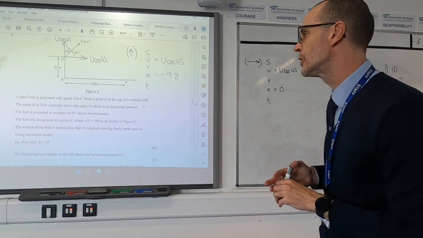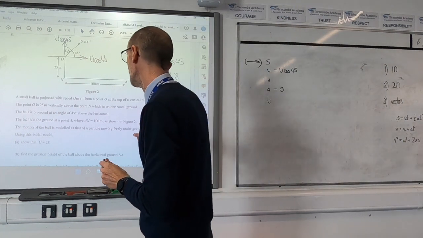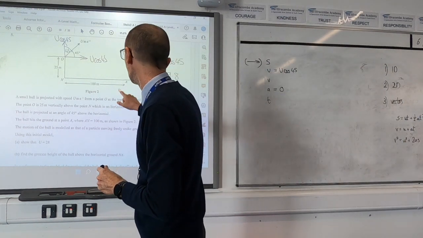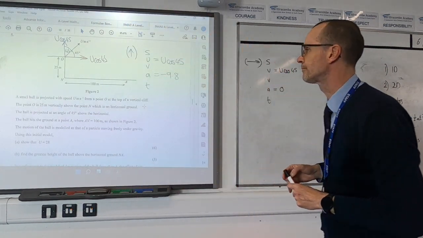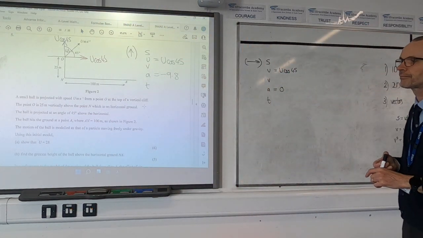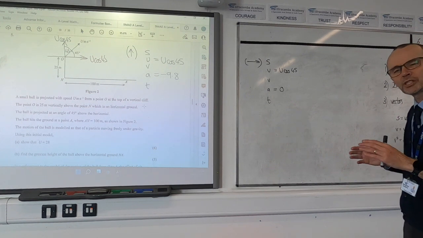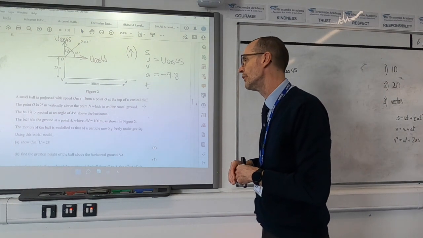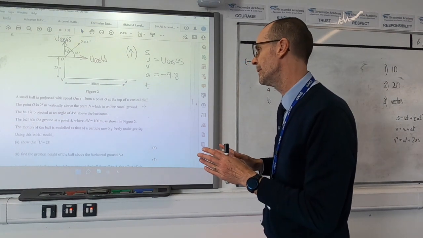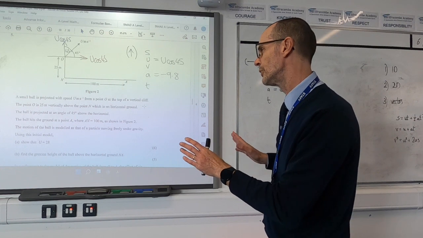Okay, so we are told that the ball hits the ground here, 100 metres away. So there are 2 bits of information that I know there. I know that after this time, and we're not told the time, are we?